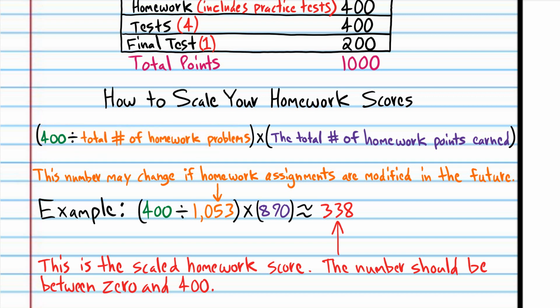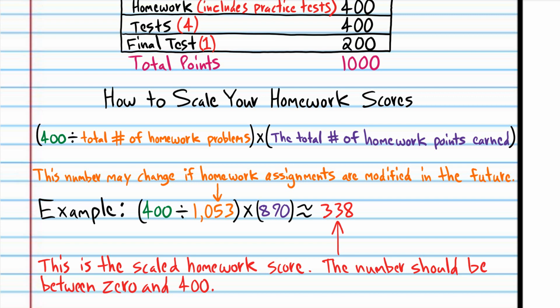Then you're going to multiply that by the total number of homework points that you earned. So for example, if you had a homework assignment that had 25 problems and you earned 21 points, let's say you got 4 problems wrong, so you earned 21 points, that's the number of points that you actually earned.